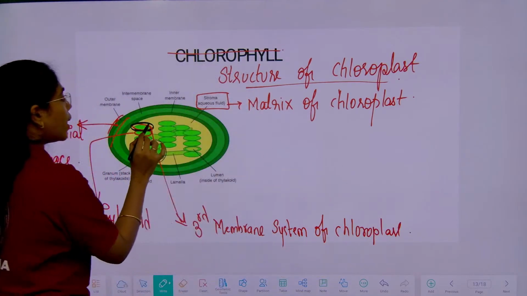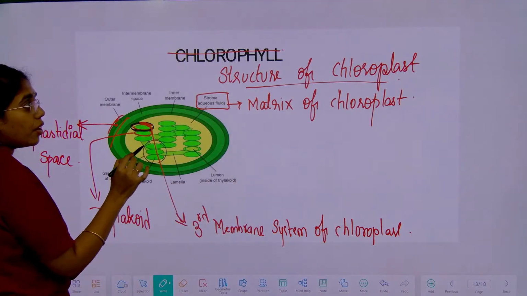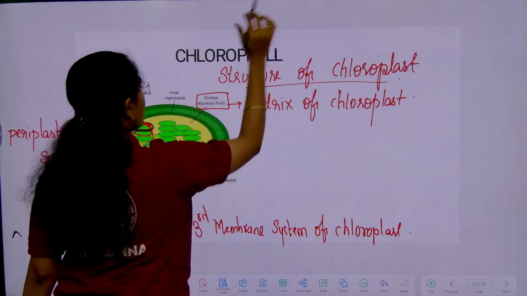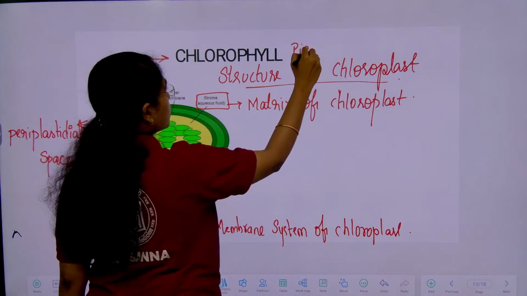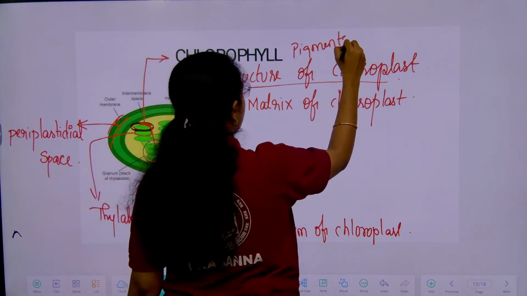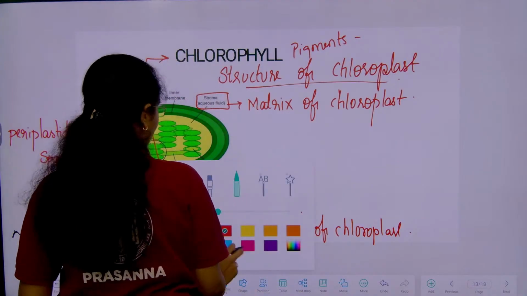And this thylakoid membrane is the site where chlorophyll pigments are present. What is the site of chlorophyll pigments? Thylakoid membrane or thylakoid lamellae.